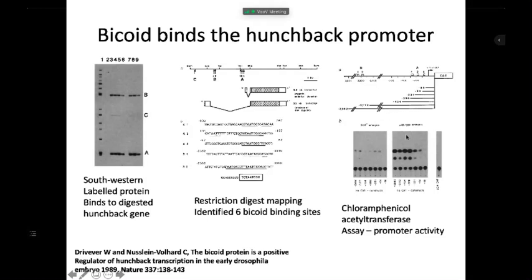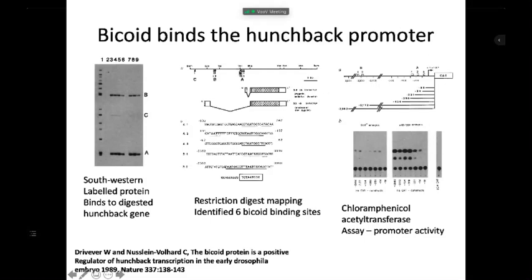And we can see here in our wild type embryos that express sufficient levels of bicoid, except for the very smallest fragments which don't contain any of the presumptive bicoid binding sites, we see a large upregulation of bicoid specific CAT expression.